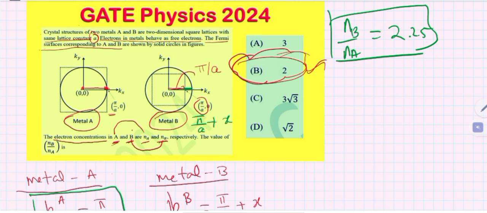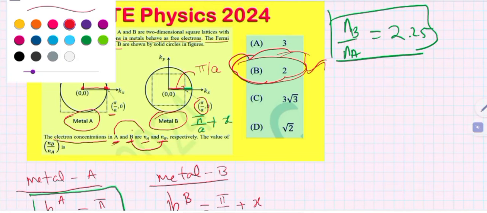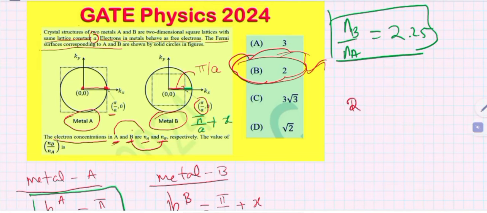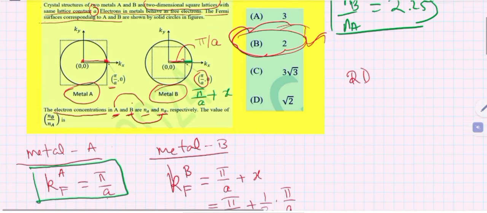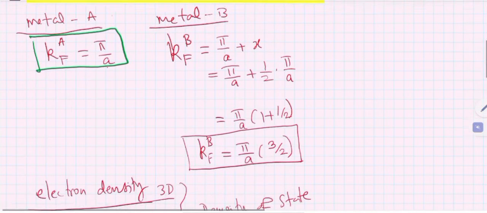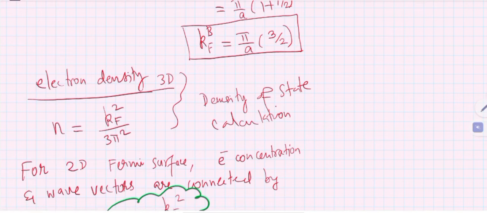For this case, we should know that the question asks for the 2-dimension case, a 2-dimension square lattice. Suppose they ask for a 3-dimension lattice, then we have to use a different relation.